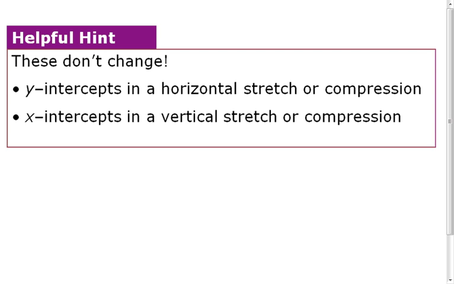If you have this line and there's a horizontal compression, it would be pushing this thing towards the y-axis, but it's not going to change this point. So that y-intercept is going to stay the same. Same idea if you're stretching that.